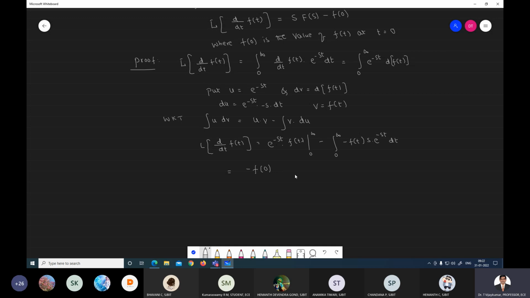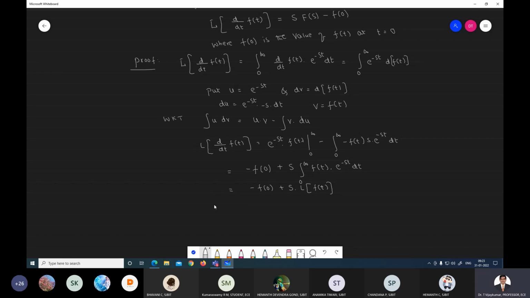Here minus into minus is a plus, plus s into integration from 0 to infinity of f of t into e to the power of minus st dt. This is nothing but minus f of 0 plus s into, what is this? It is the Laplace of f of t. That is the definition, no?